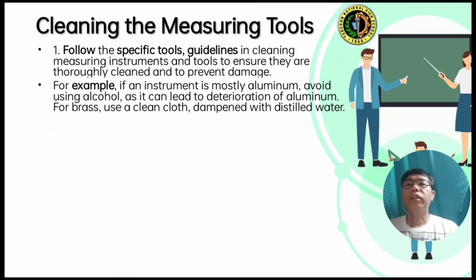For example, if an instrument is mostly aluminum, avoid using alcohol because alcohol will react with the aluminum. Possibly the aluminum will be softened by the alcohol, or maybe it will cause corrosion, as it can lead to deterioration of the aluminum. For brass, use a clean cloth dampened with distilled water. So that is how we clean.